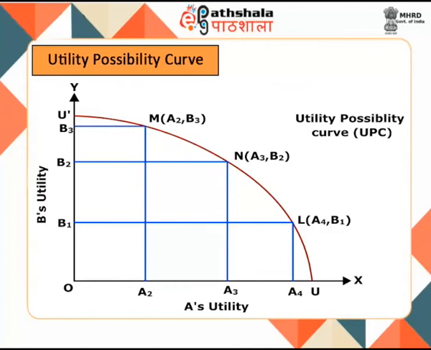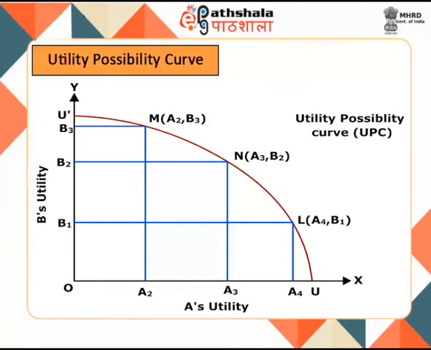When this simple economy is in general equilibrium in exchange, we measure A's utility on the x-axis and B's utility on the y-axis. Note that the points in the Edgeworth box diagram located away from the consumption contract curve are inside this utility possibility curve.